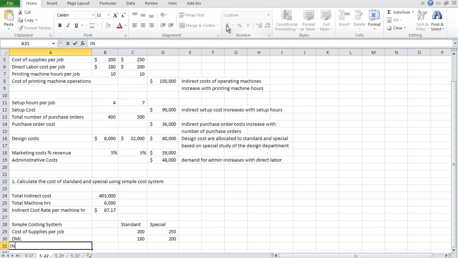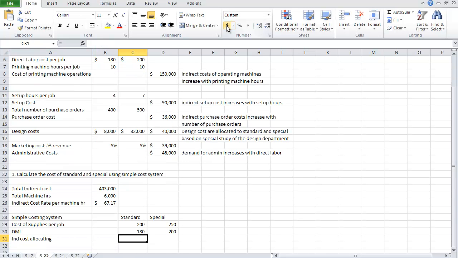And now we need to apply our indirect cost that we're allocating to each job. So the way that we'll do this is we will take our 10 hours for a standard and multiply that by 67.16 that we calculated. We'll do it again.